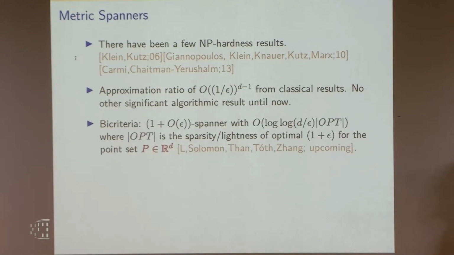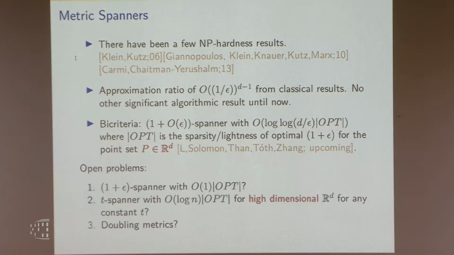Even applied to linear dimensions or super high dimension, you still get log. This is the thing that we did recently, and you can see there are a lot of interesting questions that you can ask.